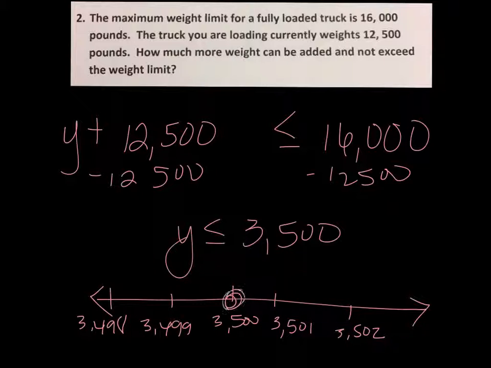I have a closed circle. My variable is first, so my inequality sign is an arrow, and it is pointing to the left. Good job.